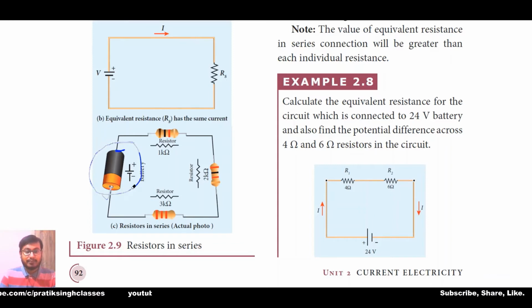Even here you can see that we have three resistors of value 1 kilo ohm, 2 kilo ohm and 3 kilo ohm, and you can see the color of these bars, first, second, third, fourth, all of these are different in these three.